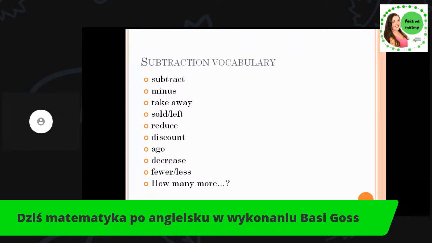So you need to use subtraction. Okay, there are more words for subtraction, but these are the ones that we were using in today's lesson. We have used them to solve maths problems.